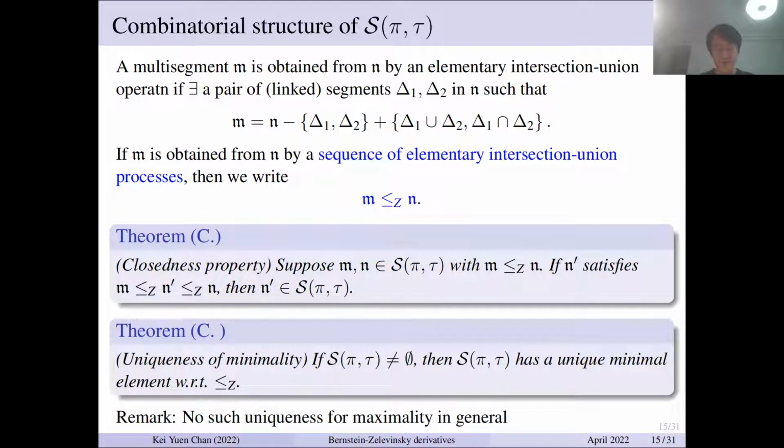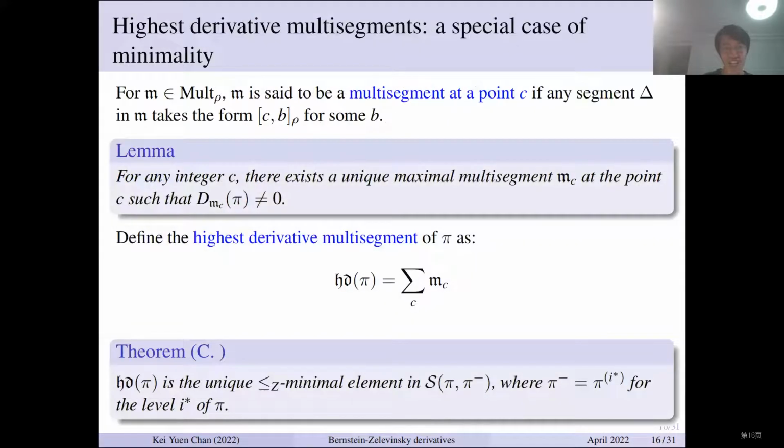You can also compute the minimal one in some special cases, like generic representations. In such a case, the multi-segments have to be mutually unlinked, something like that. We can also have another special case, which is the highest derivative we mentioned at the very beginning.